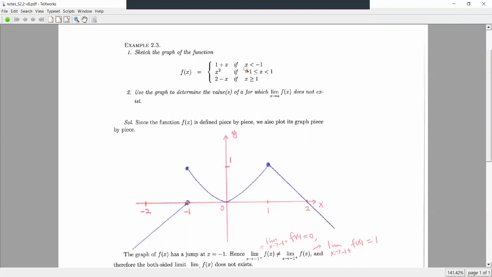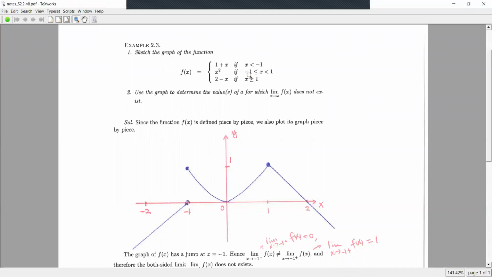The first piece, x less than -1. When x less than -1, the function is 1 plus x. The graph of 1 plus x is a line. The slope is 1. x cannot be equal to -1, so I put an open dot here to mean the point is not part of the graph.